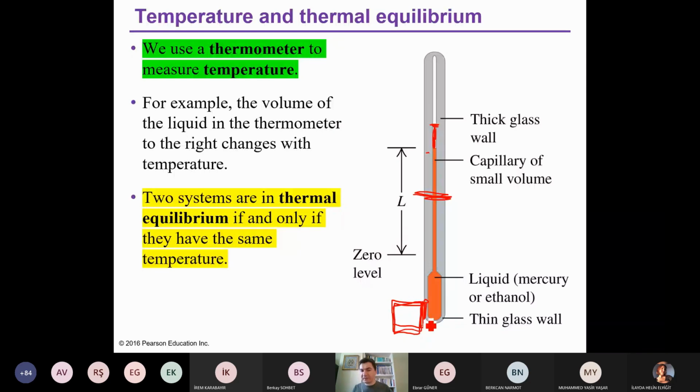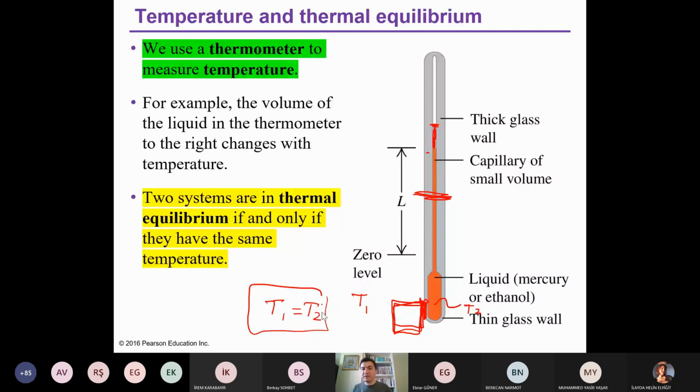They touch each other, okay. So this has a certain temperature T1, and the liquid within the thermometer has T2, before they touch each other. And after a certain time, if they touch each other, T1 will be equal to T2, okay. So this is the thermal equilibrium.